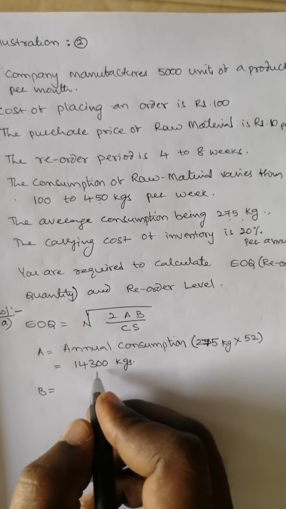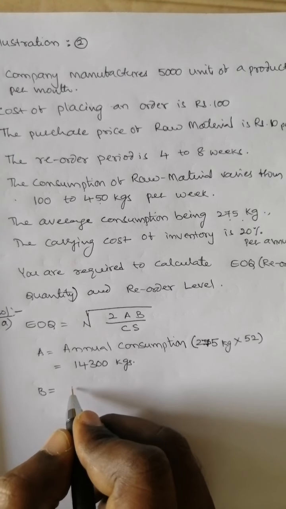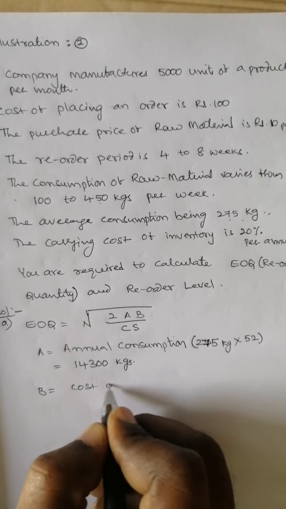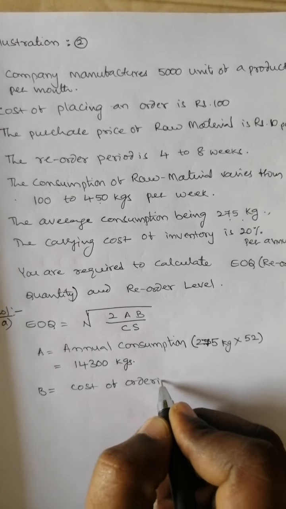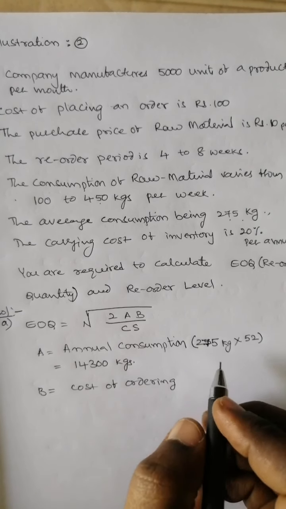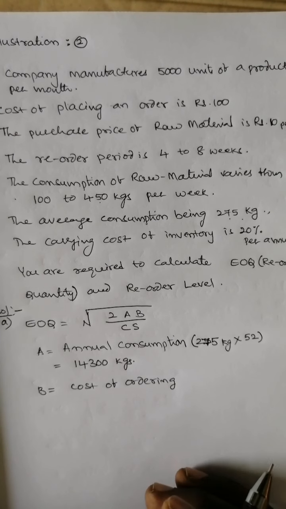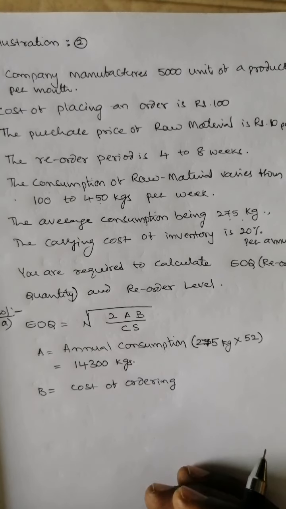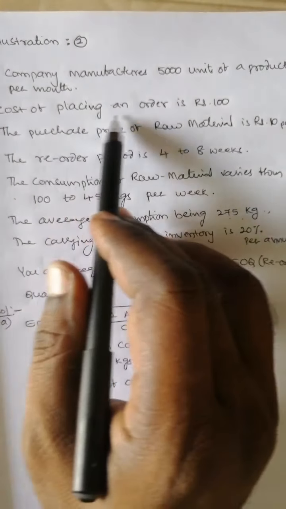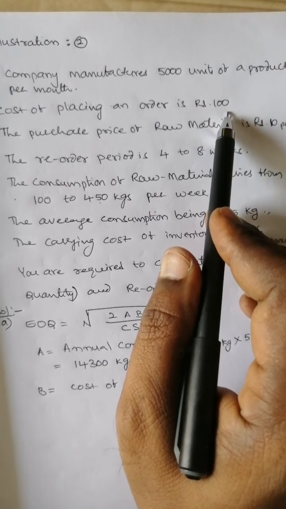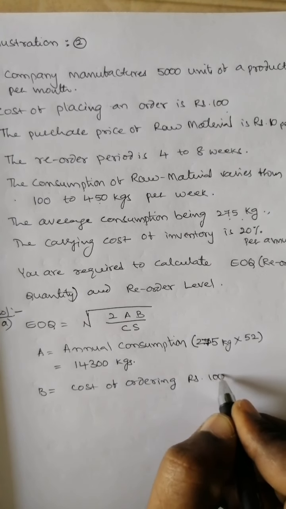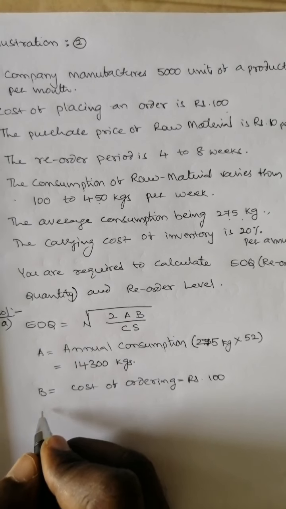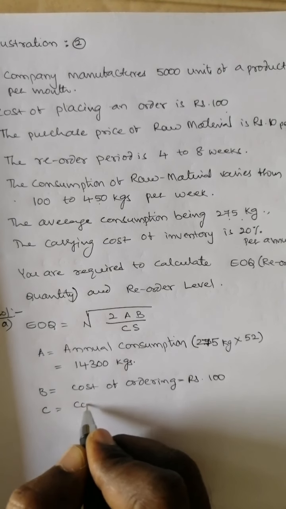B is equal to order cost. Cost of ordering or order cost is fairly given in the problem. Cost of placing an order is 100 rupees. So let us take as it is, rupees 100. Now C is equal to cost per unit.